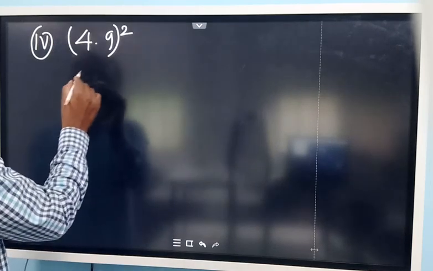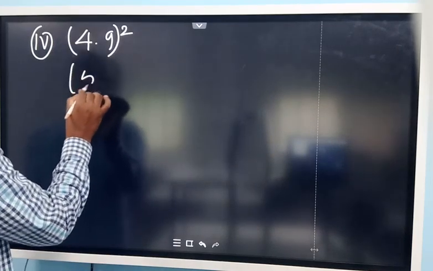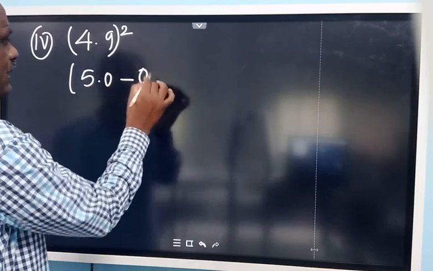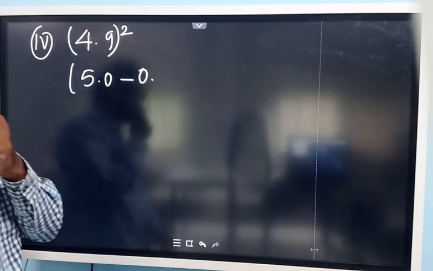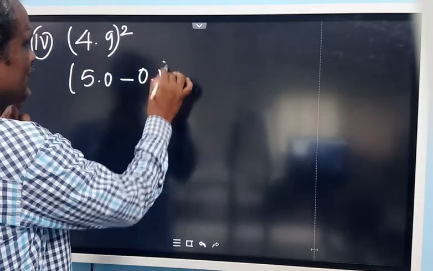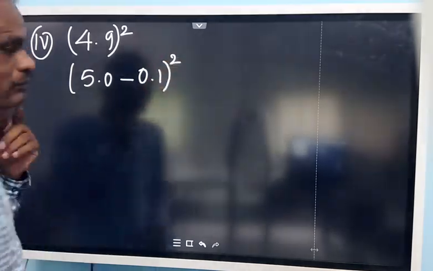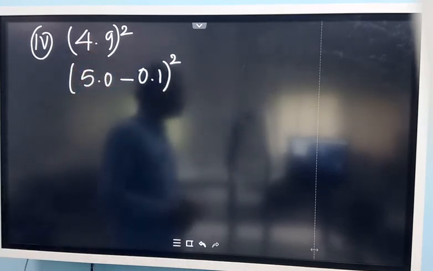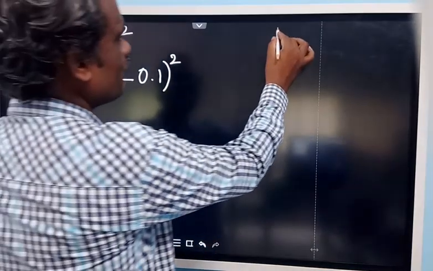So now 4.9 I can write as 5.0 minus 0.1. 5 minus 0.1 gives you 4.9 only.